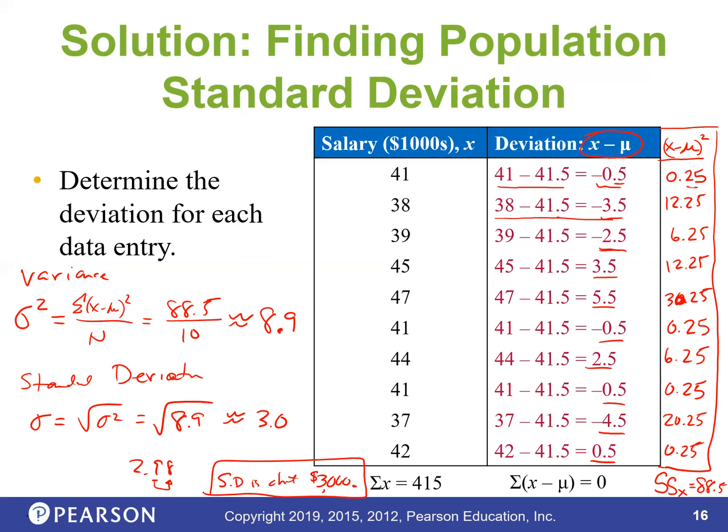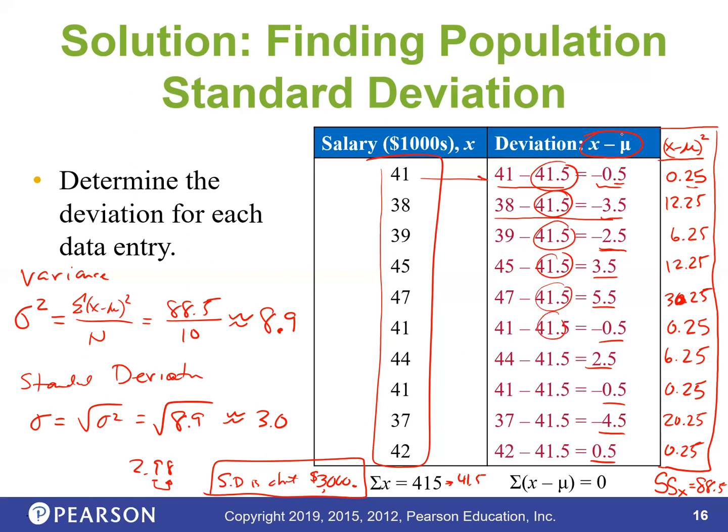So just to recap then real quick here. We took our data. We found the mean, right? Add them up, divide by how many there are, and the mean turned out to be 41.5. We used that one each time and subtracted it from each of the pieces, each and every single time, to get this little piece called deviation.